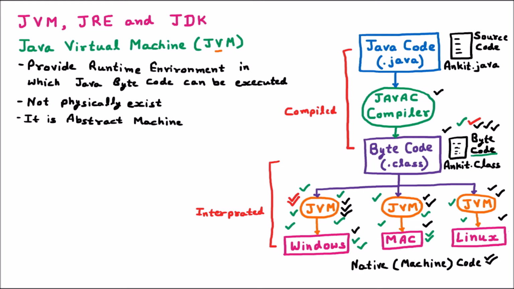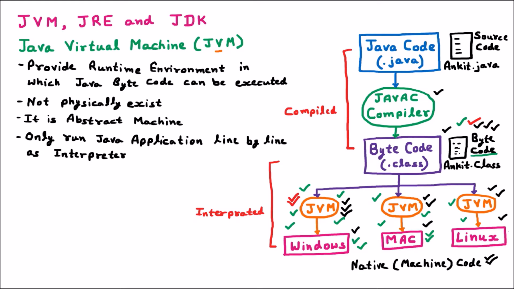Development is not there. So we can say that if in our system we have the JVM, that means we can just run the Java application line by line. We cannot develop the Java application. So JVM is not for Java application development. So here we have learned that JVM is a virtual machine. It is an abstract machine which physically doesn't exist, and it provides the runtime environment.